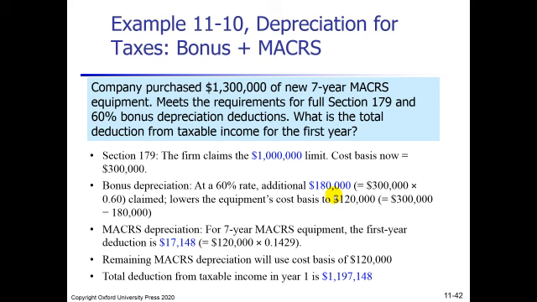So just after 1 year, you've depreciated almost all of that 1.3 million, almost that 1.2 million that's been depreciated just in year one because of these various tax rules.